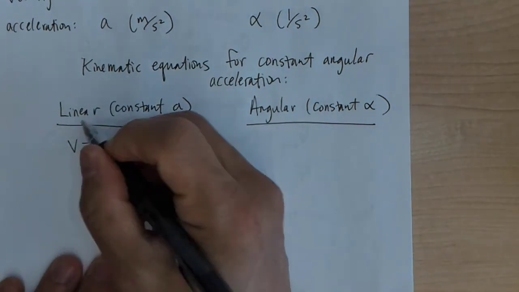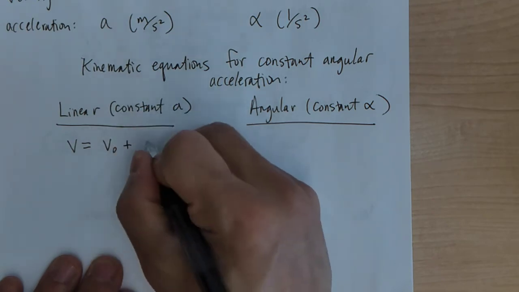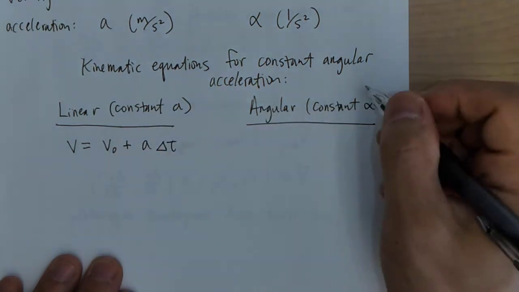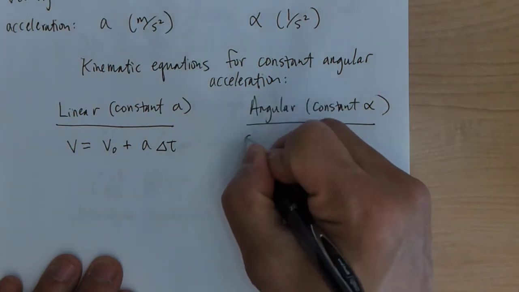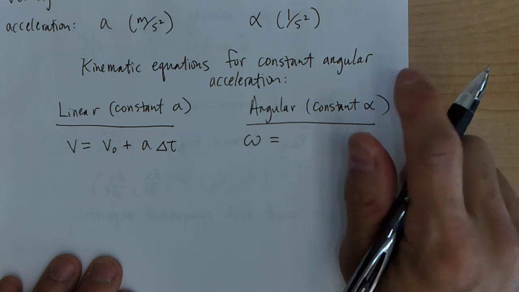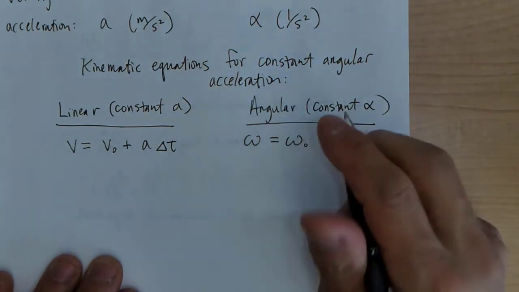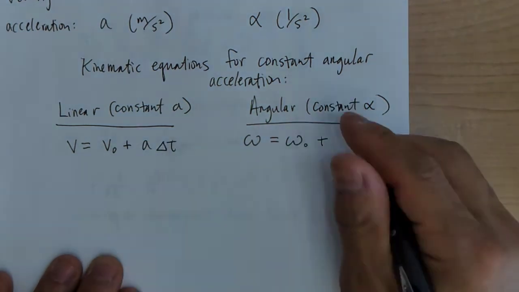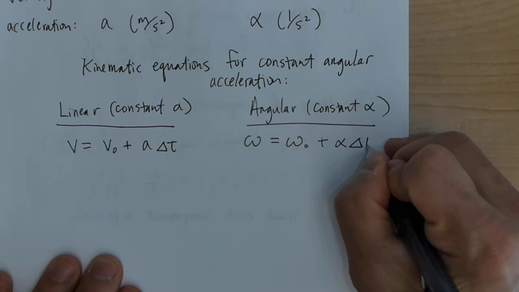So for example, the final velocity is equal to the initial velocity plus a times delta t. Changing this to the angular case, omega is the final angular velocity, omega 0 is the initial angular velocity, plus instead of the acceleration we have alpha for the angular acceleration. Delta t just remains delta t.